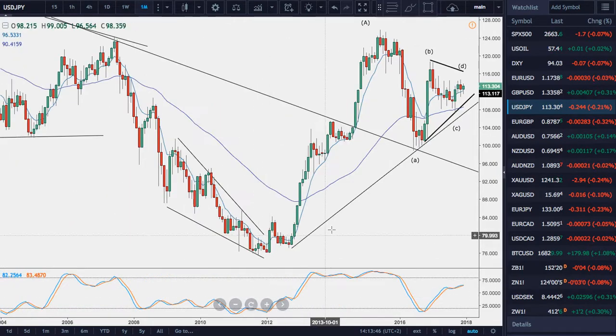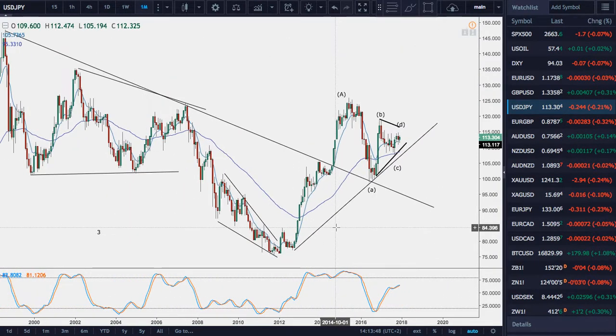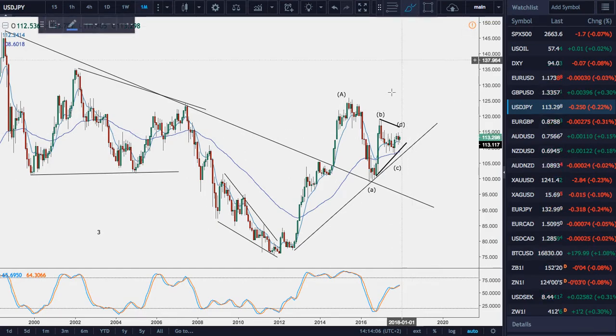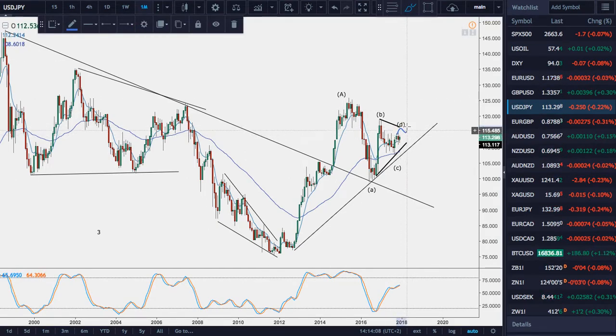Now, if this view is correct, it suggests that it is going to see a high for D holding beneath 119, beneath the January high, a dip for E, and then a move up.